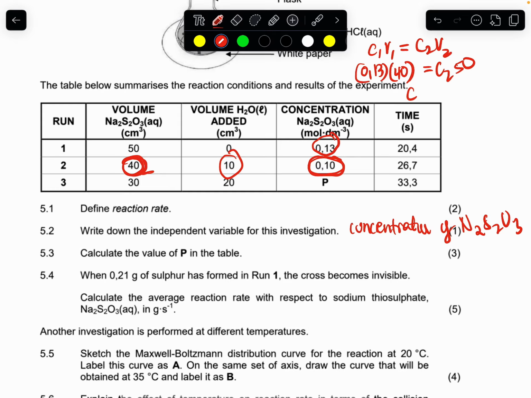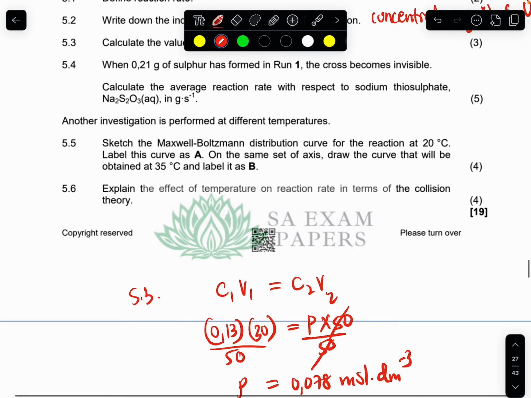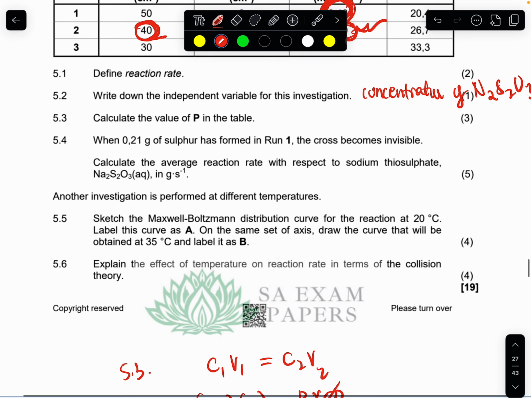So the answer here, which is C2, is equal to 0.104, but they round it off as 0.10, right? That's the answer there. That's how it was calculated. You can even prove that concentration. Let's move to the next question, which is 5.4.